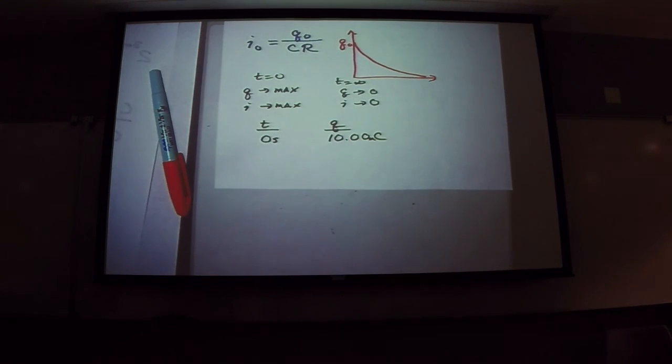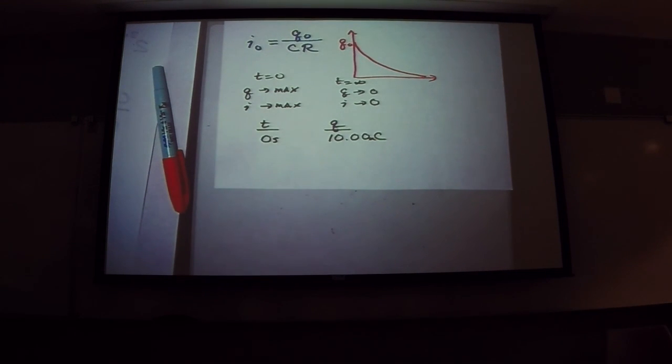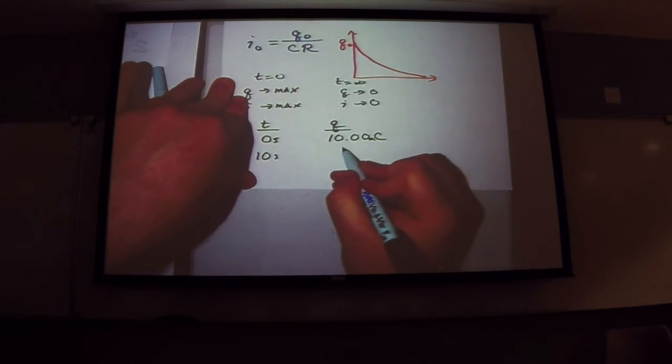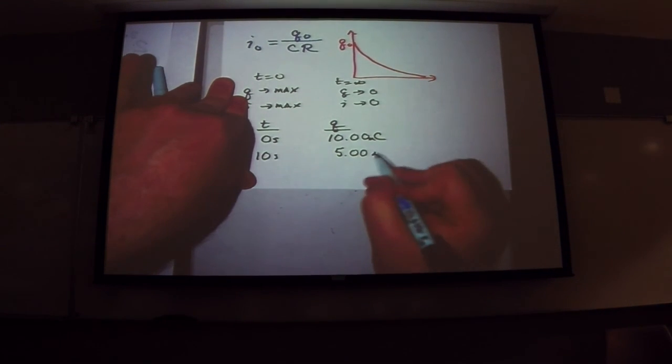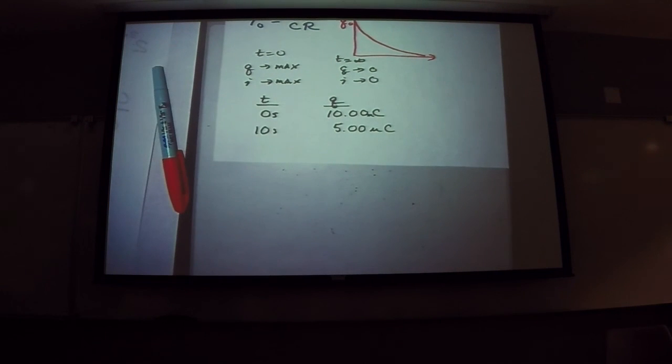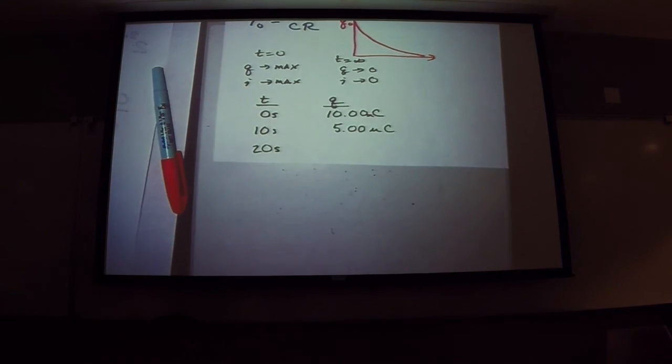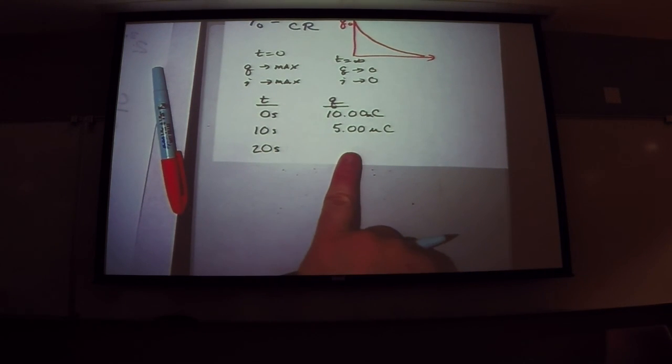Now I've done this in such a way that after 10 seconds, the charge on my capacitor is 5 microcoulombs. All right. After 20 seconds, nobody say anything. Put down what you think the charge should be on a capacitor after 20 seconds.